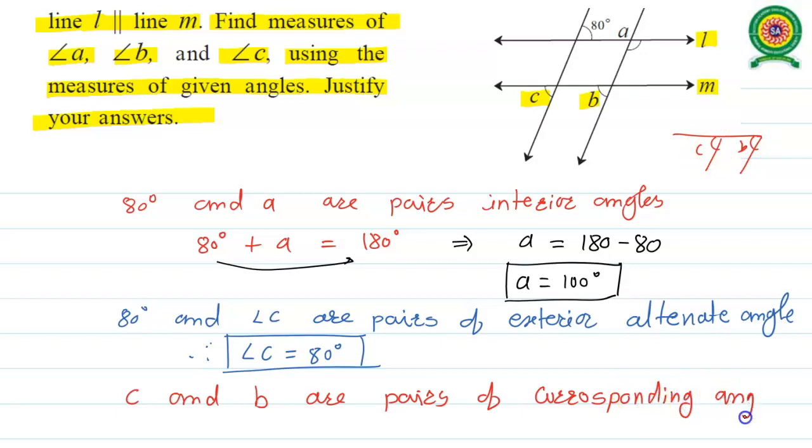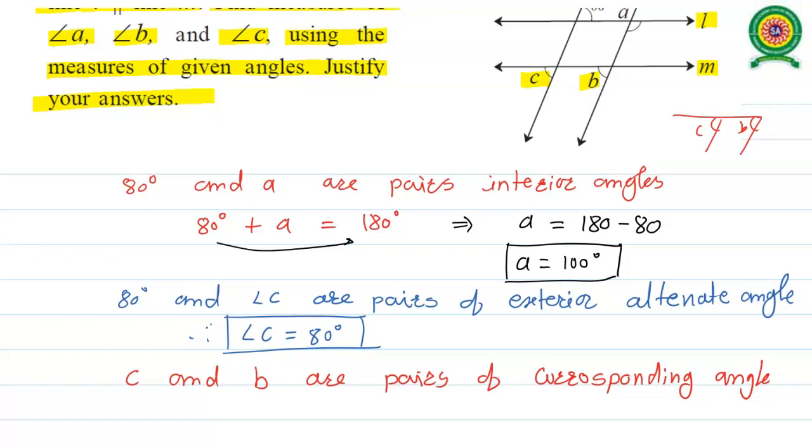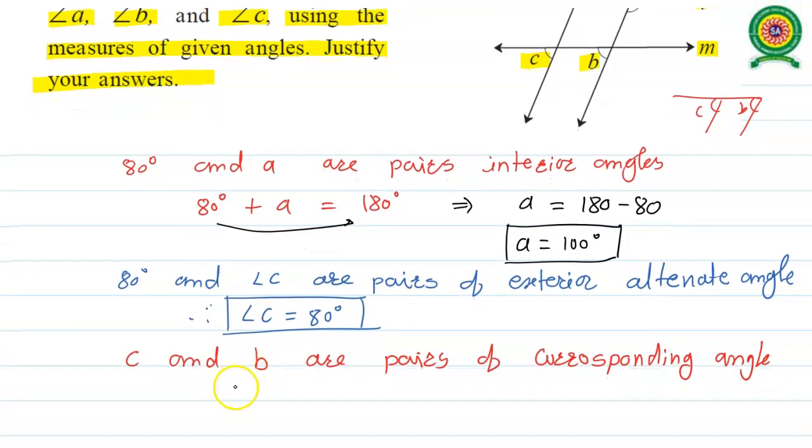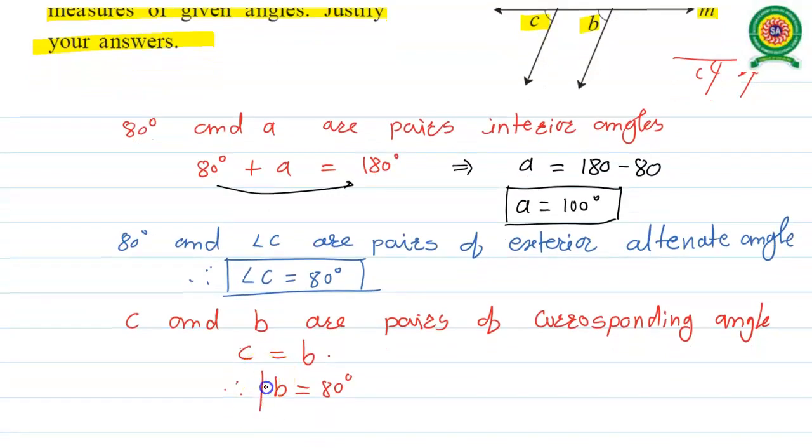Once the lines are parallel, corresponding angles are congruent. So angle C equals angle B. We have the value of angle C as 80 degree, so angle B is again 80 degree. Hence we have our answer: angle A is 100 degree, angle C is 80 degree and angle B is 80 degree again.